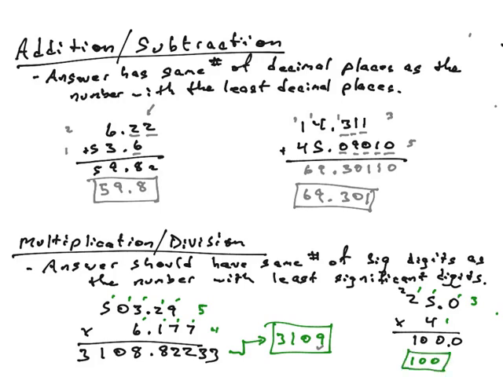If I were to put the point, so if I wrote 100 point, that's 3 significant digits. Because first of all, the 1 is significant. The last zero is significant because it's a trailing zero with an explicit decimal point. And then the middle zero is also significant because now it's between 2 significant digits.